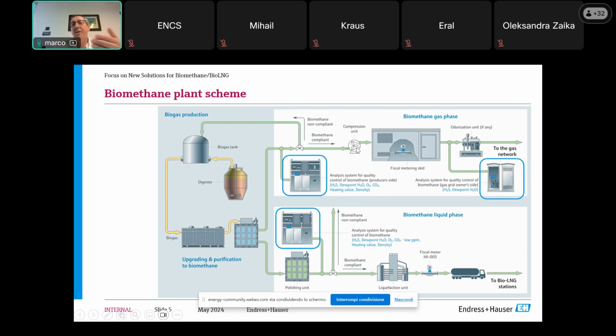For these grids, the compression unit is always required, or a distribution grid, which is a low pressure grid, with pressure below 10 bars, and this biomethane is sent directly to the end user.